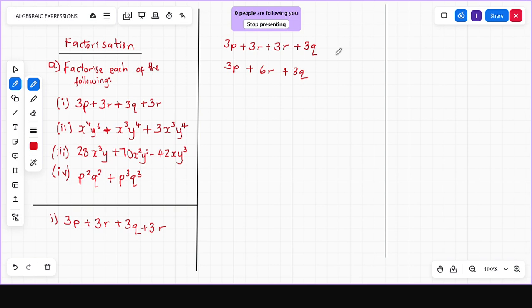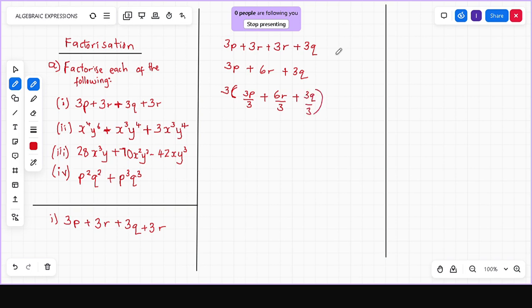So we need to take 3, we put it outside the bracket, open the bracket. So this 3p, when you divide by the common factor, becomes 3p over 3, plus 6r divided by the common factor becomes 6r over 3, plus 3q divided by the common factor becomes 3q over 3.